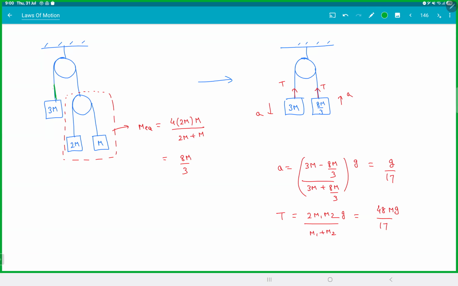So on this string, if the tension is T, then the tension on these strings will be T by 2 and T by 2. Just put one more pulley here, over here. Then it is gone. It is not an Atwood machine anymore. We should have 2 blocks hanging there, right?